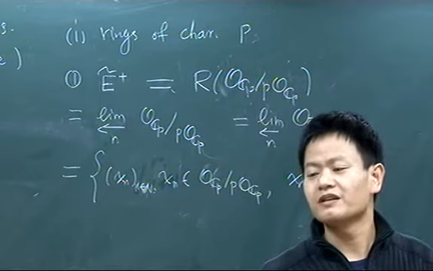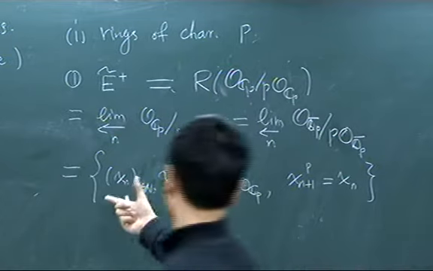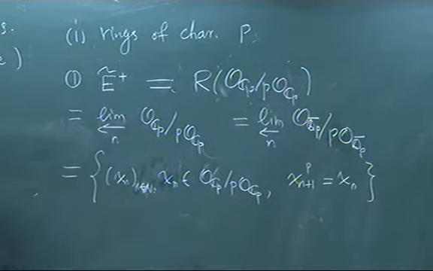I see. Okay, so you just say, if you write a_n, then a_{n+1} goes to a_n is just x goes to x to the p. So if you write it down like this, you can have this.